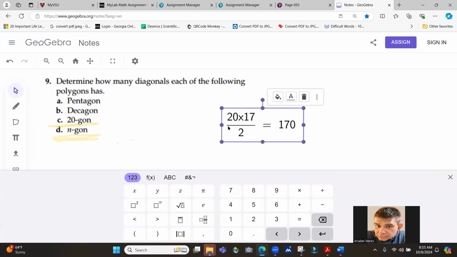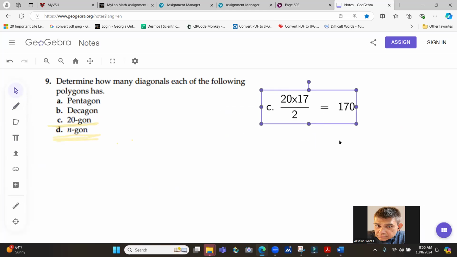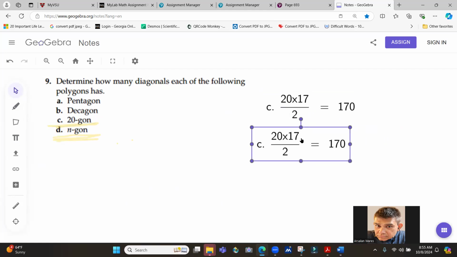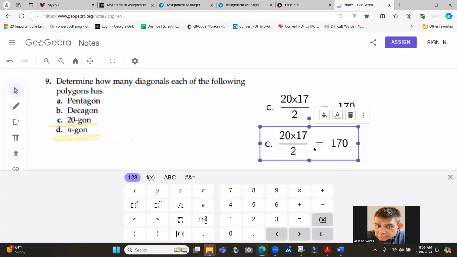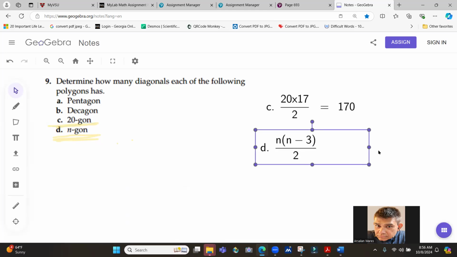Let me mark this C. This one is going to be D. N sides, so start with n points. Each point will give rise to n minus 3 diagonals. And you better divide it by 2 because this technique counts each diagonal twice. So we did C and D.